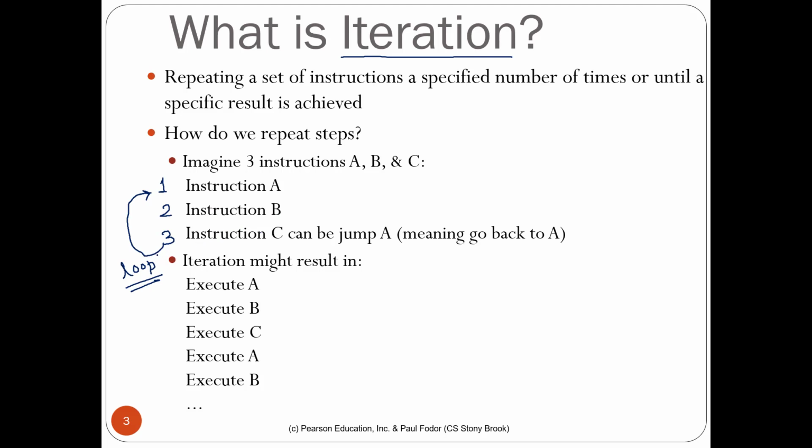If the loop condition is true, you go back to the first statement in the loop. This is more general, and in this discussion we are communicating to you what we will call iteration, and what we can have in a typical iteration.